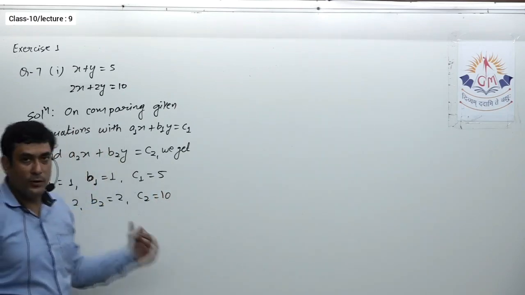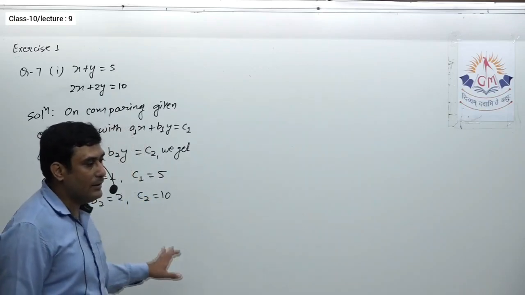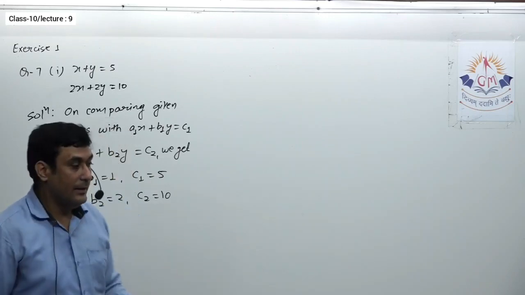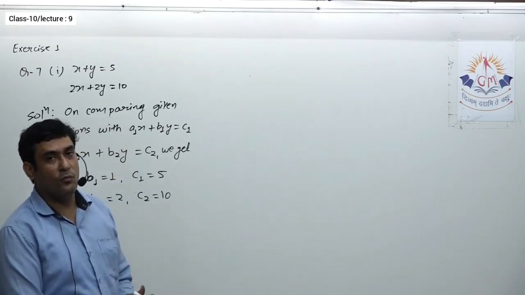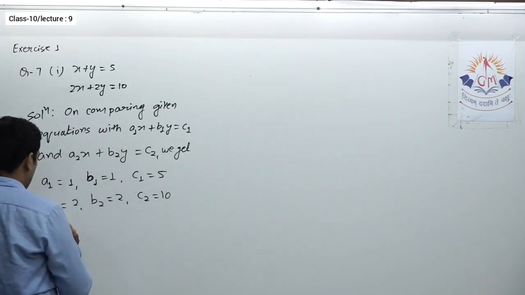We have to follow the same method, because here again we first identify whether the given pair of linear equations is consistent or inconsistent. In case of consistent, we then find the solution by the graphical method.